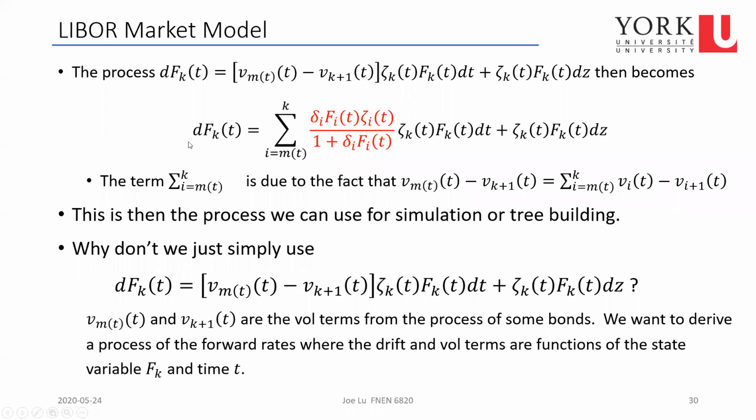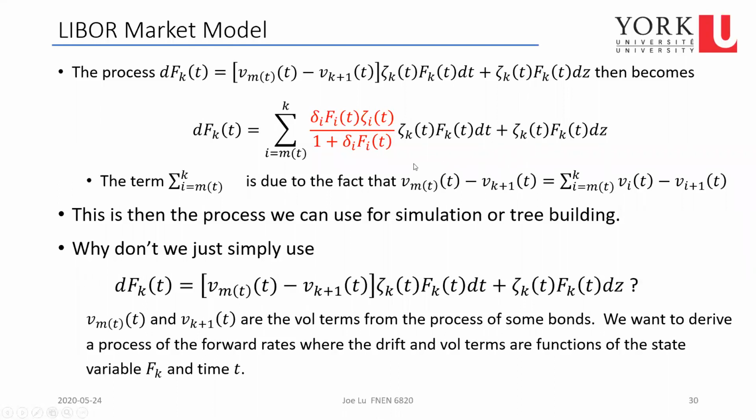So finally, we have got a process that we can use to do simulation. I use simulation here as a way to visualize. You can see this F_k(t) for each k evolving into the future based on this random process.